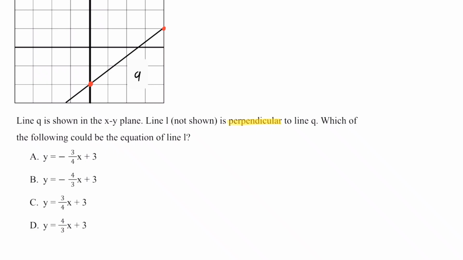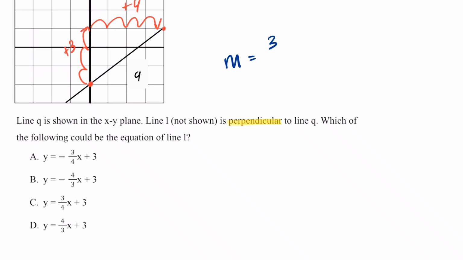To find the slope, we take the change in y over the change in x. From the first point, the change in y would be 1, 2, 3, so +3. And the change in x would be 1, 2, 3, 4, so +4.